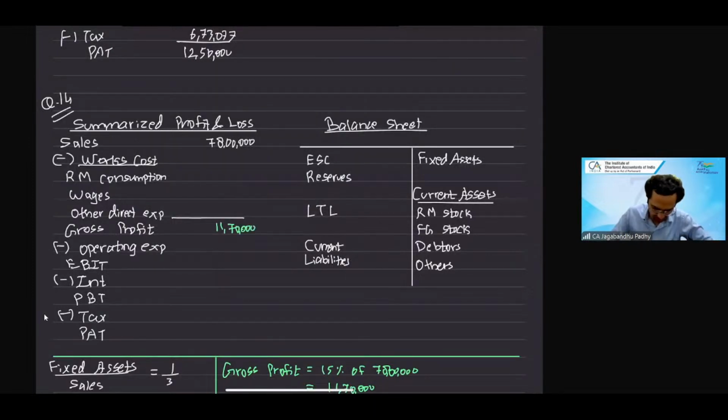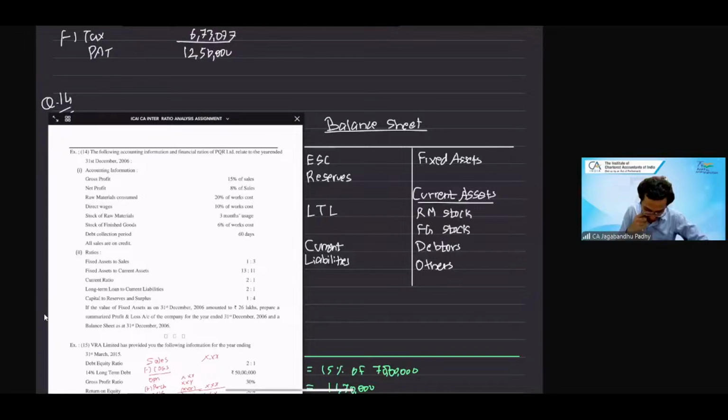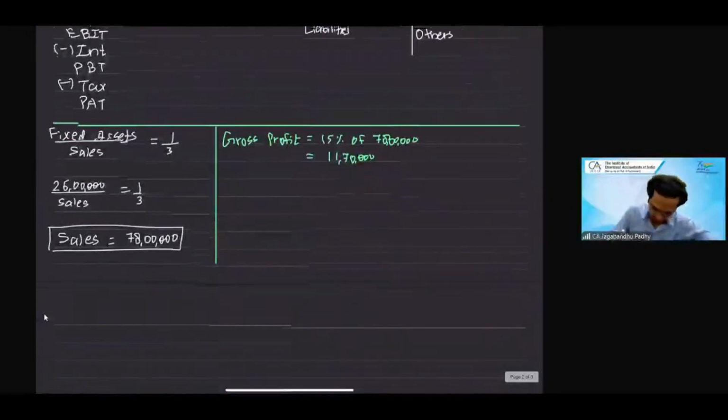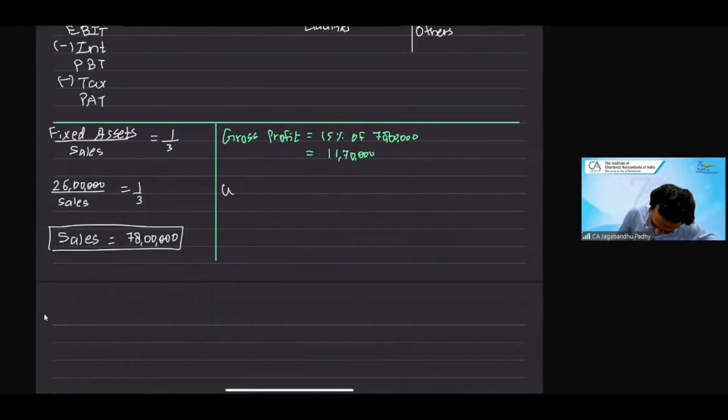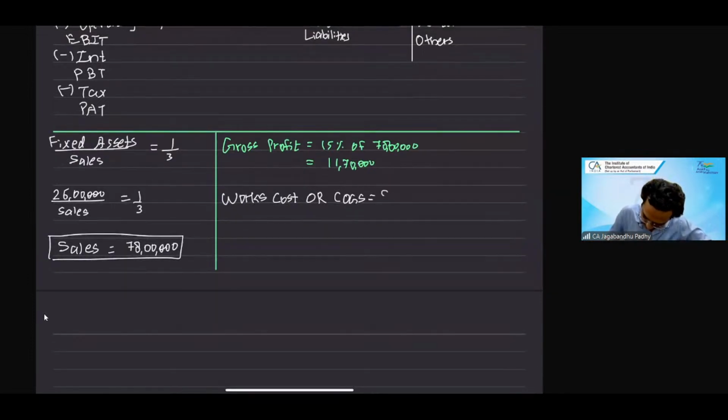That will help us to know the works cost or COGS. Works cost or COGS is simply sales minus gross profit.